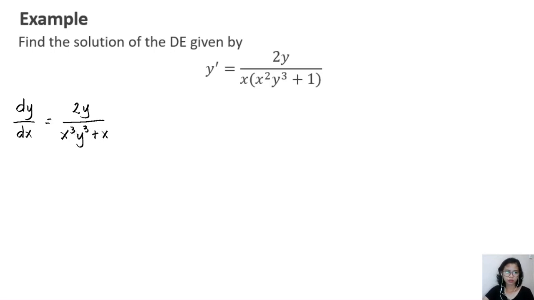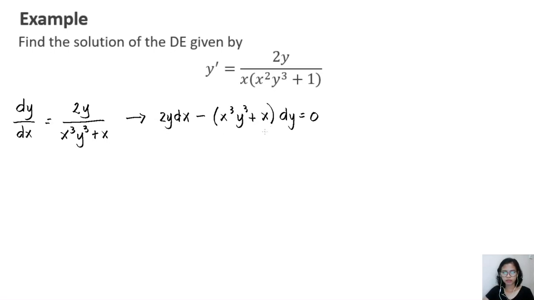So this will become 2y dx minus x cubed y cubed plus x dy equals 0. Then we know what is the M and what is the N.